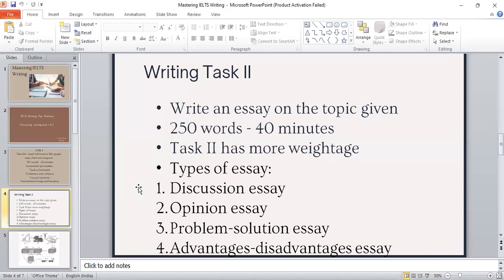But in task 2 of IELTS general, you are asked to write an essay in response to a point of view, argument, or problem. So there is a slight difference between IELTS writing academic and general. And coming to the third part, the marking and assessment.